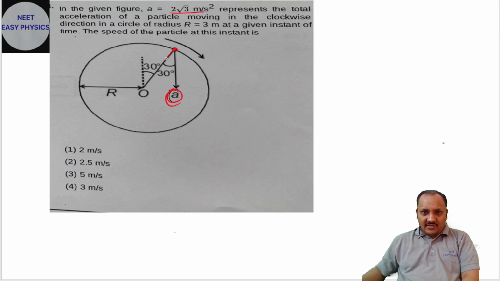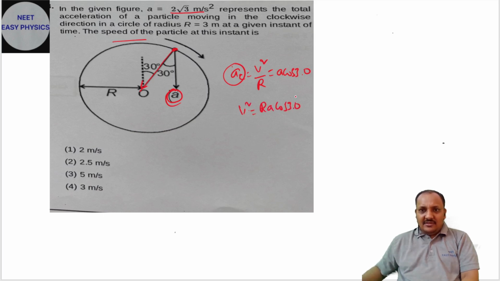Now, if you resolve this one, you are going to get AC is equal to V square by R. Otherwise, AC is going to be A cos 30. So V square by R. They're asking the speed of the particle. Therefore, V square is equal to R A cos 30.